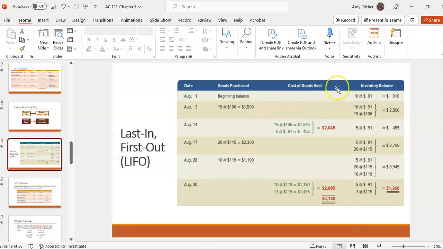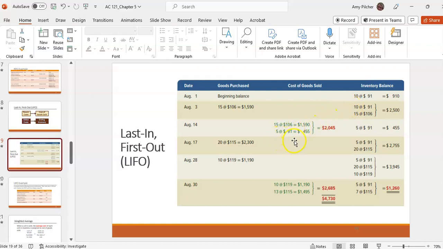So we start with the beginning balance, 10 at $91, and then we buy 15 more at $106. So we have 10 at $91 and 15 at $106. With LIFO, it's the last amount in is the first out. So when we sell 20, we are going to move these 15 at 106 first, and then do what's left of the $91.